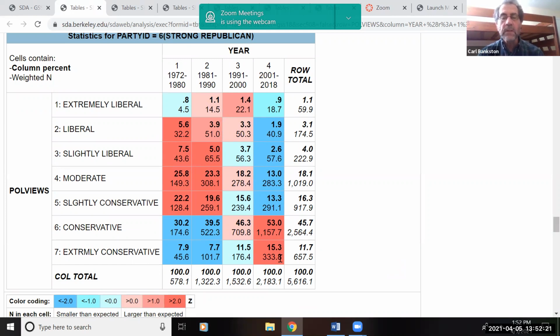So this does support and is consistent with the idea that the party bases, those who were most strongly associated with political parties, did become more polarized over the course of the late 20th and early 21st centuries.